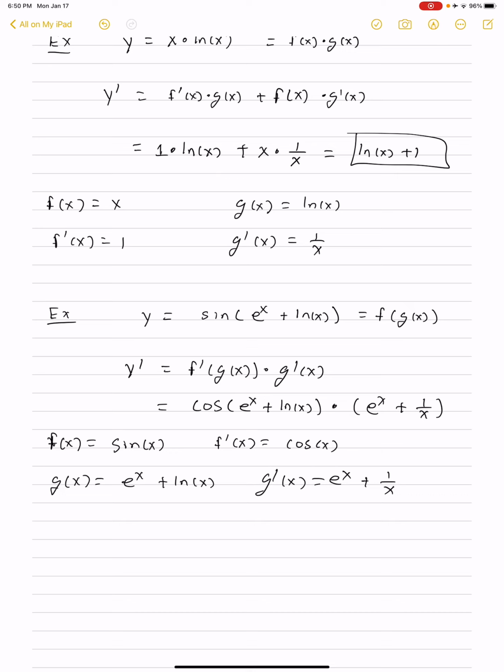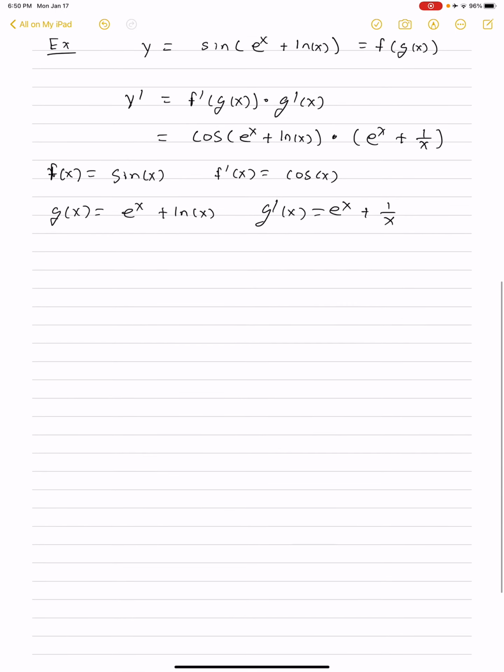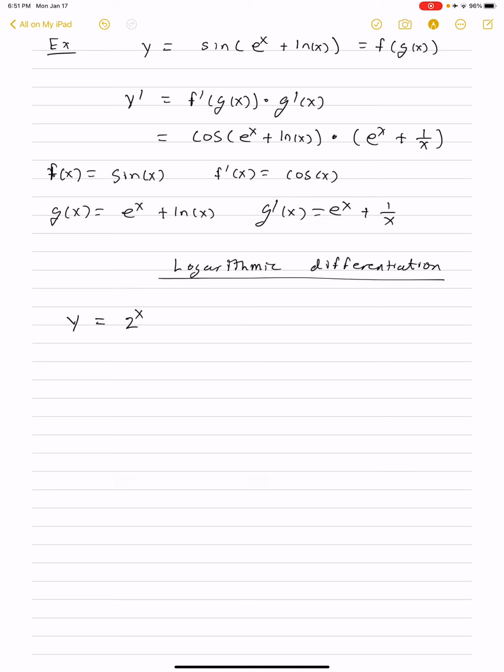Now we're going to talk about something called logarithmic differentiation. The first example we're going to have is y equals 2 to the x. We know the derivative of e to the x is e to the x, but that's base e.